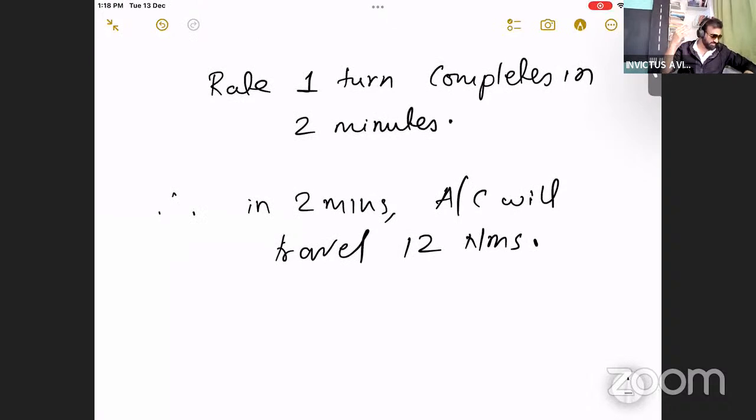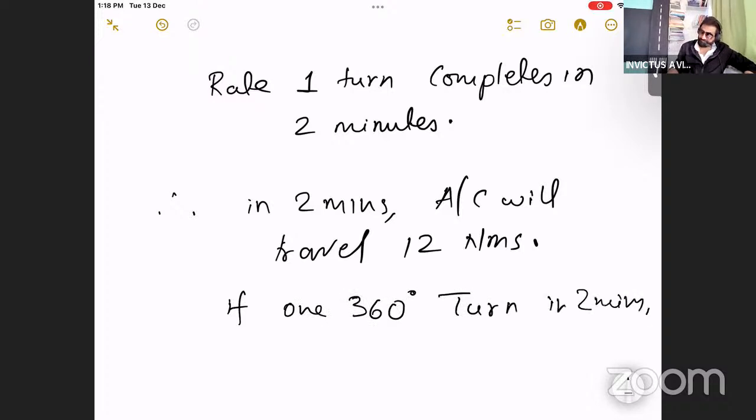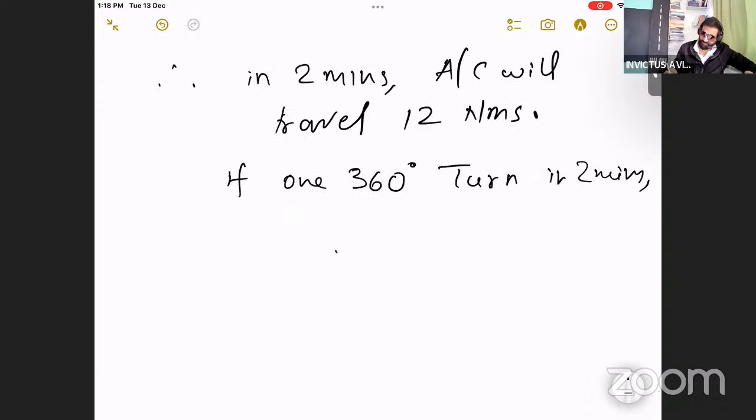Aircraft will travel 12 nautical miles. If one 360-degree turn is in 2 minutes, that is this in 2 minutes.